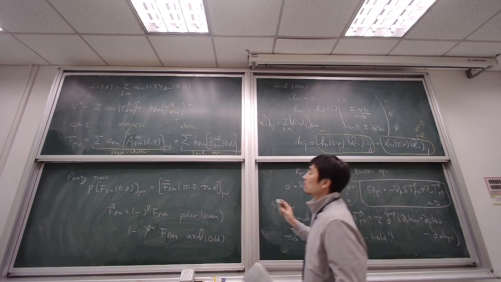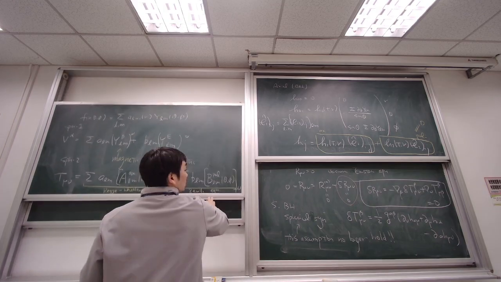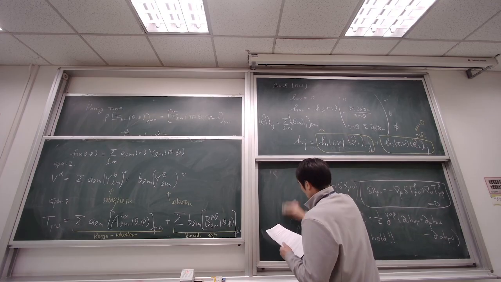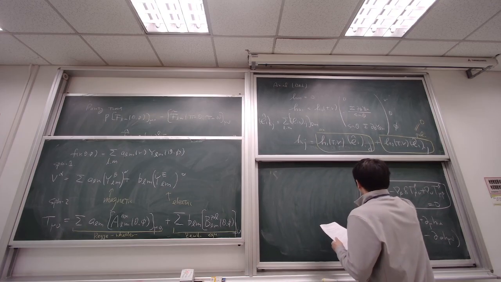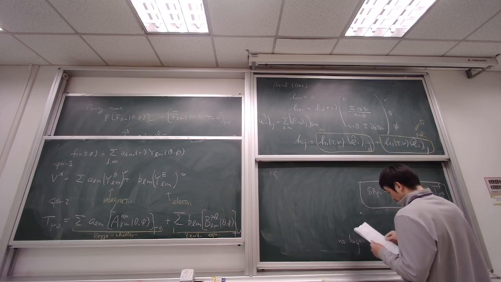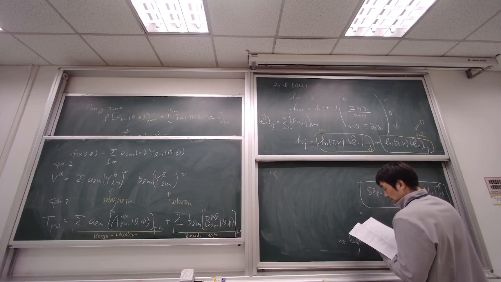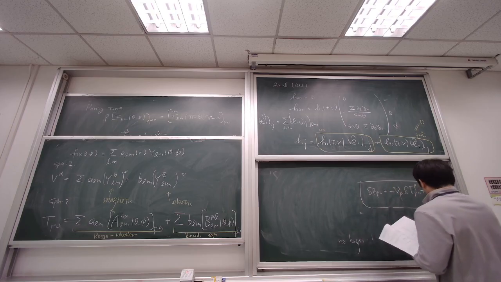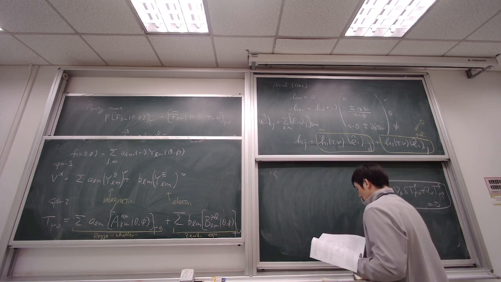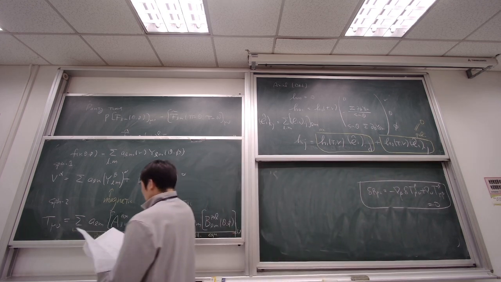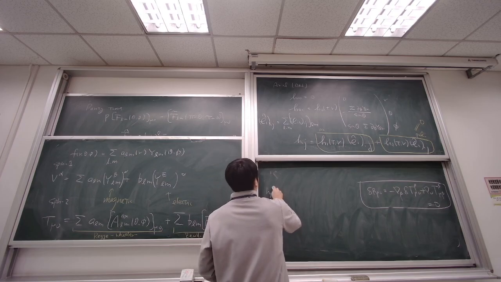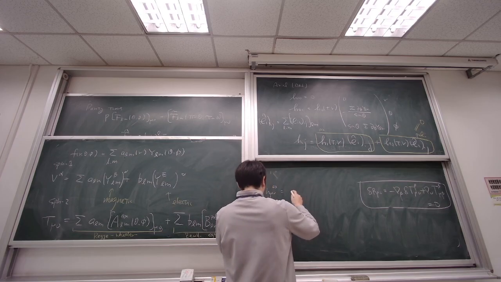I want to keep this equation. So if you take H2 goes to 0, then this H mu, the axial, can be written in a very simple form.